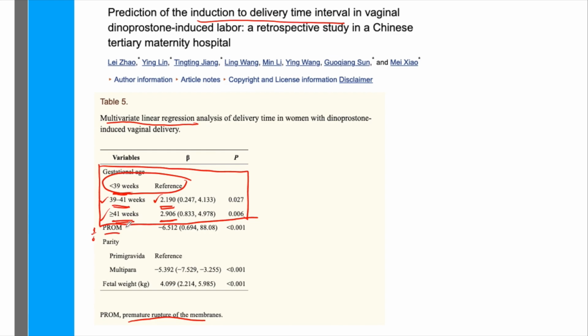So this means that when there's a premature rupture of the membrane, the delivery time interval decreases by 6.512. And the fetal weight here indicates that for every 1 kilo increase in the fetal weight, the delivery time increases by 4.099.